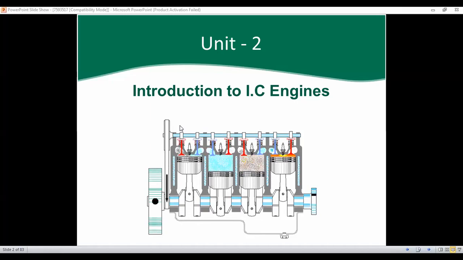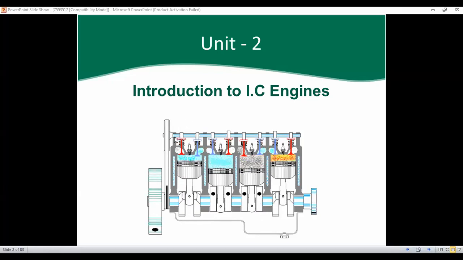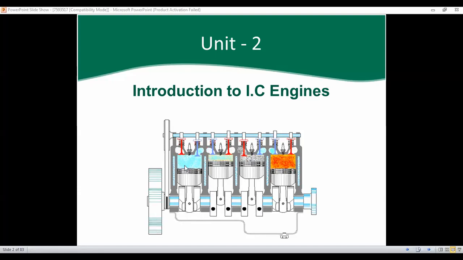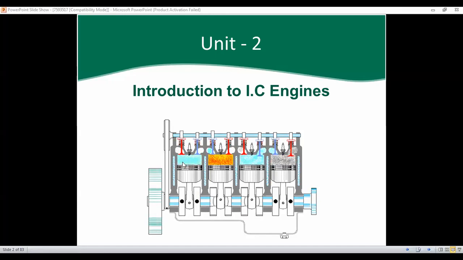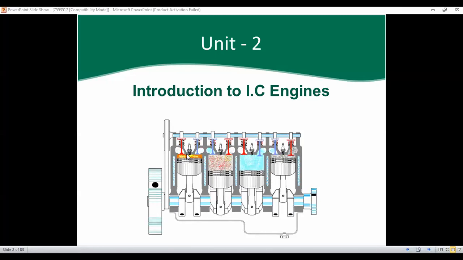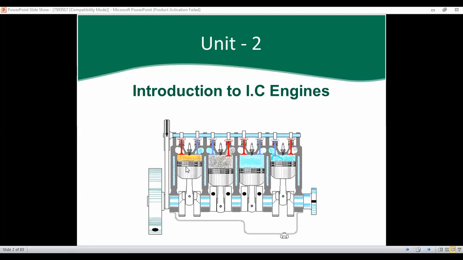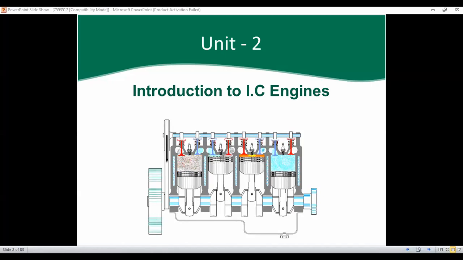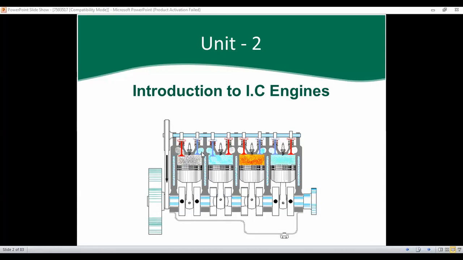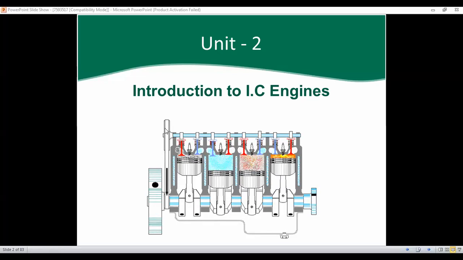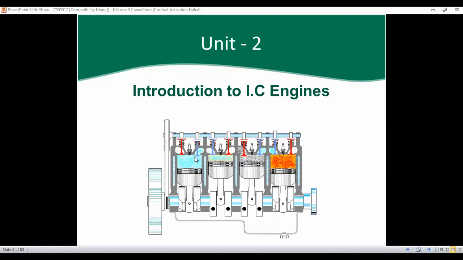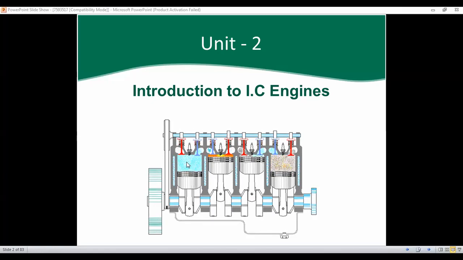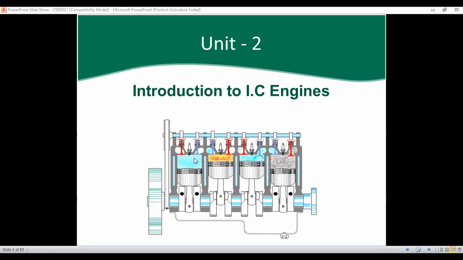It works like this: through the inlet valve, the air and fuel mixture enters the cylinder, and it is ignited by the spark, then expands, and then compresses again. At last the outlet valve opens, and the unnecessary exhaust gases exit through the outlet valve.